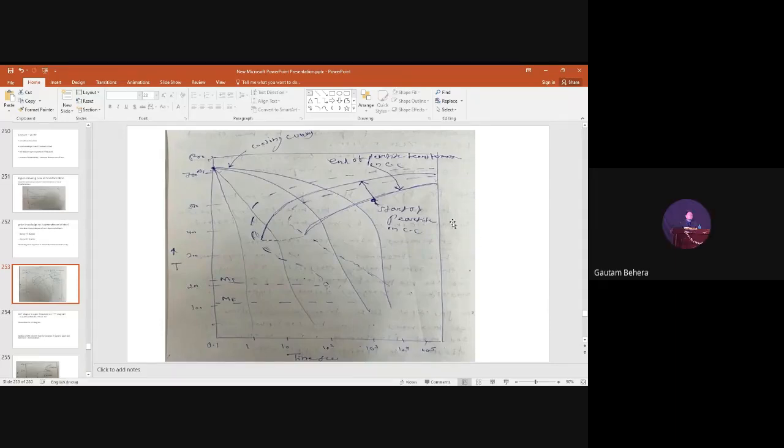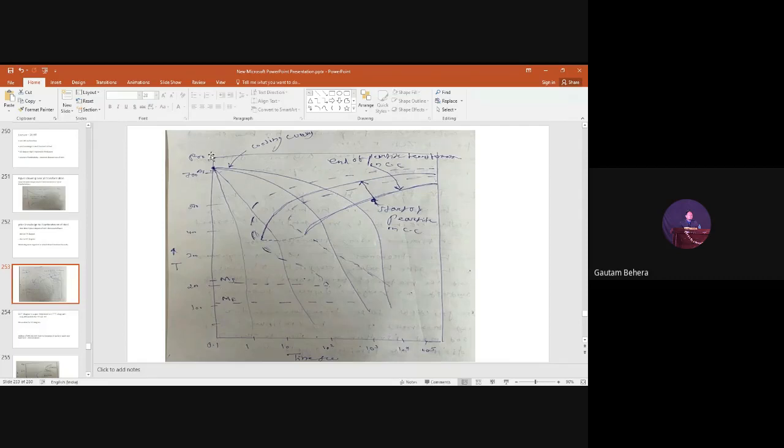So you can see this dotted line, it is moving like this, and the other curve is this one. This dotted line is nothing but your TTT diagram, the time temperature transformation curve. Here it is Ms, the martensite start temperature, and this is Mf, the martensite finish temperature.